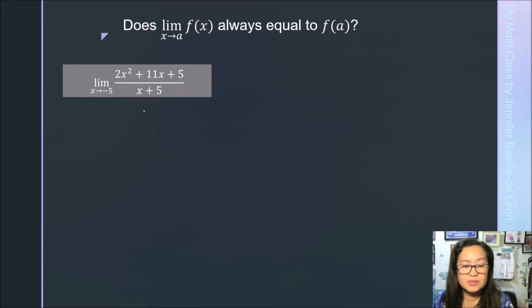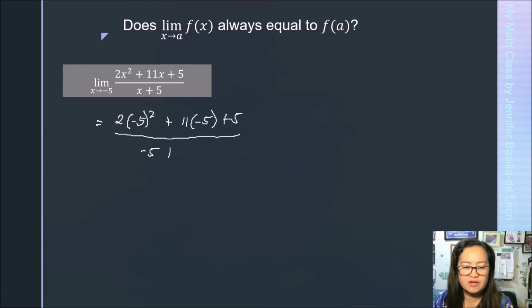Evaluate the limit of (2x squared plus 11x plus 5) all over (x plus 5) as x approaches negative 5. Now evaluating this at x equals negative 5, we would have 2 times negative 5 raised to the second power plus 11 times negative 5 plus 5, all over negative 5 plus 5.